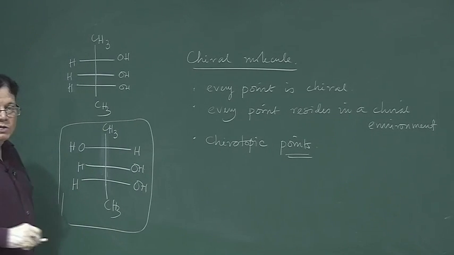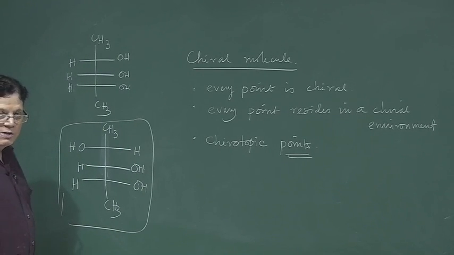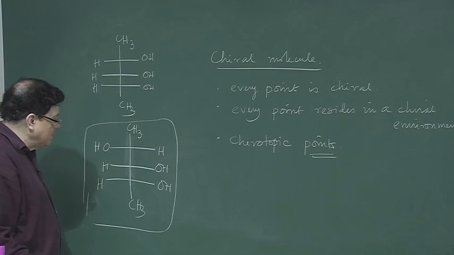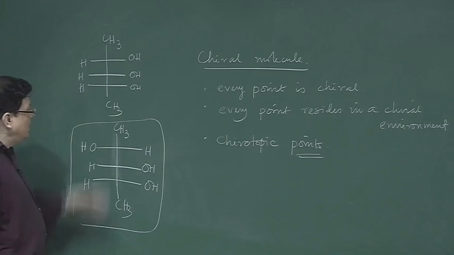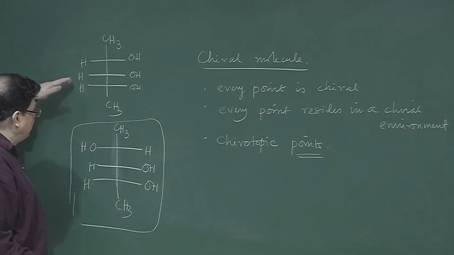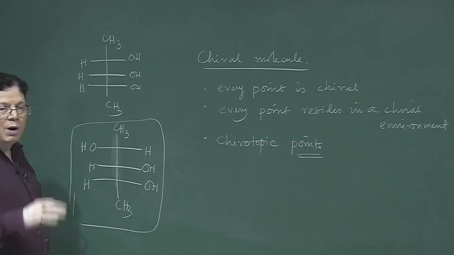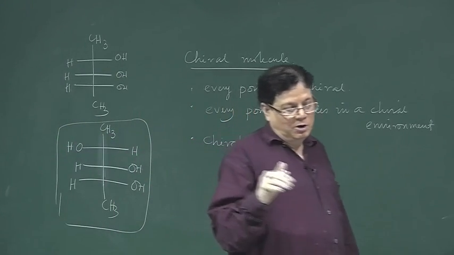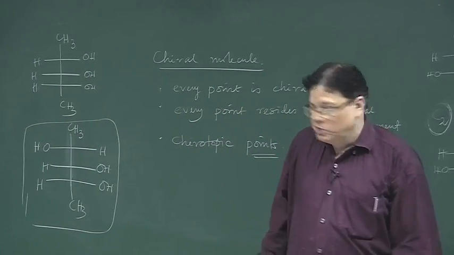first of all, whether this molecule is chiral or not. Now, usually one way of checking, in Fischer projection, is the plane of symmetry, whether a plane of symmetry is there or not, because that is the easiest one to check.